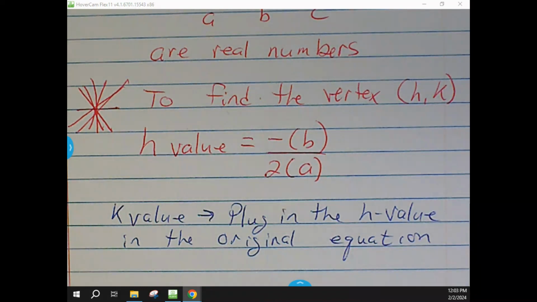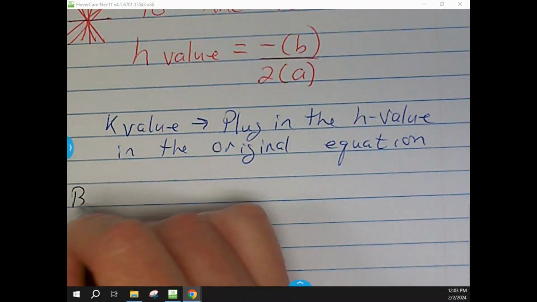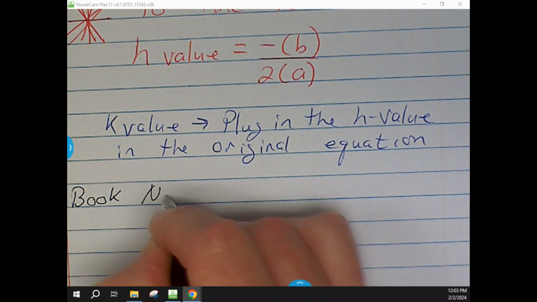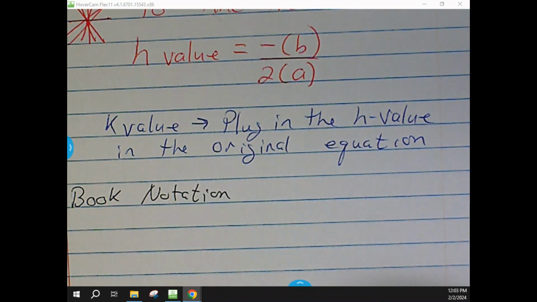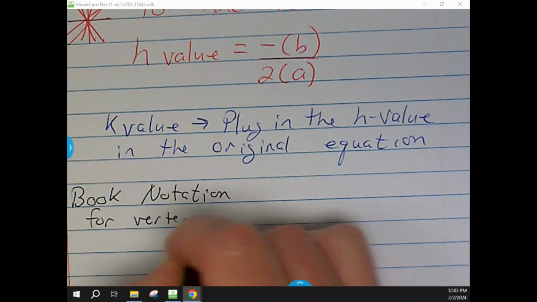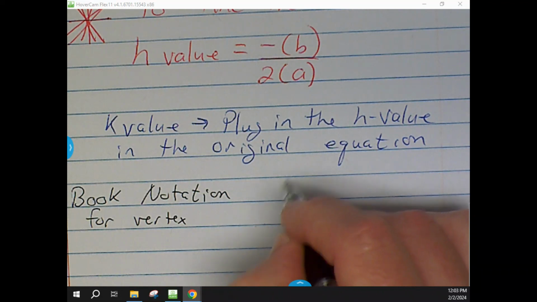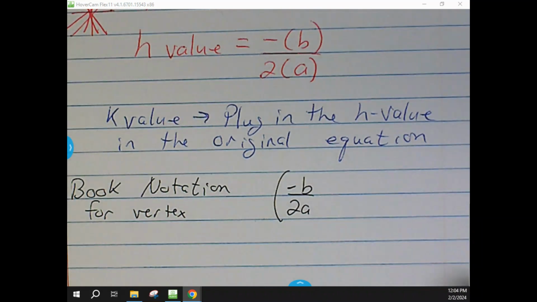Now, the way the book does this, they show you something different in this one. So if you're doing the help me problems on MyMathLab or anything in those, the way the book shows this, and you don't have to worry about this, I'm just going to write it down for you so if you see this, you know what's going on with it. The book notation for vertex is going to be negative B over 2A, which is this number we've got here.